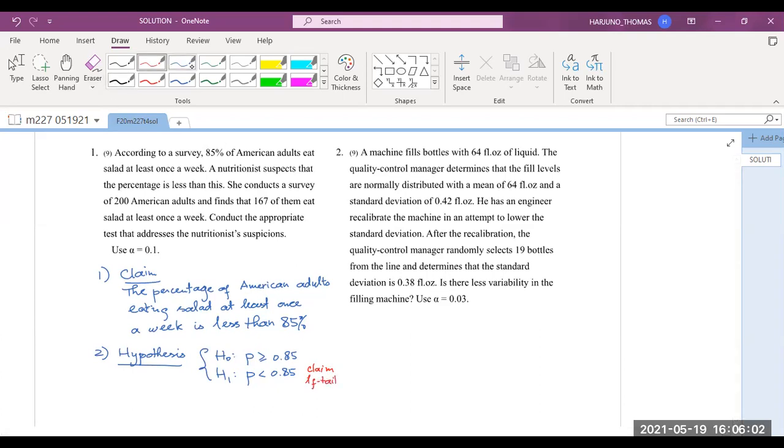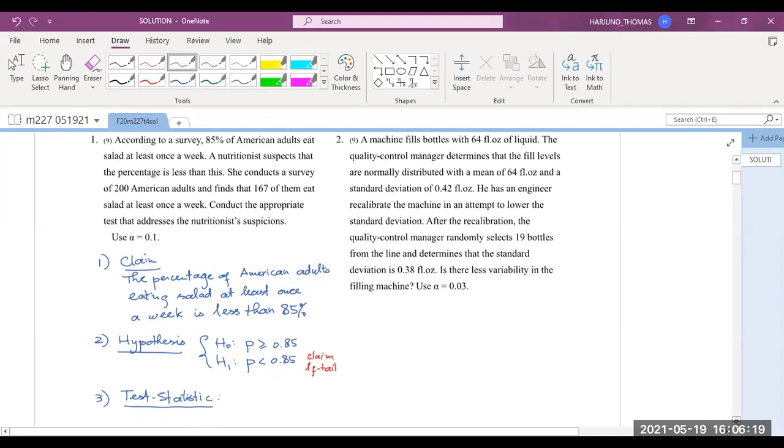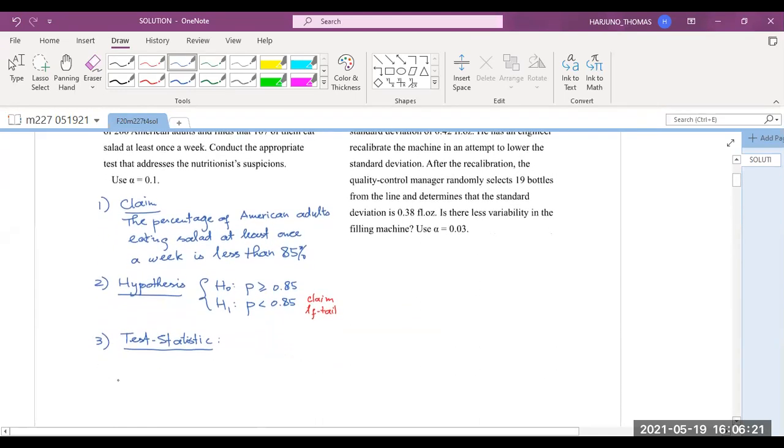Okay, the one I write in red, you don't need to show. The one I write in blue, you have to show. Test statistic. So we use z-score.